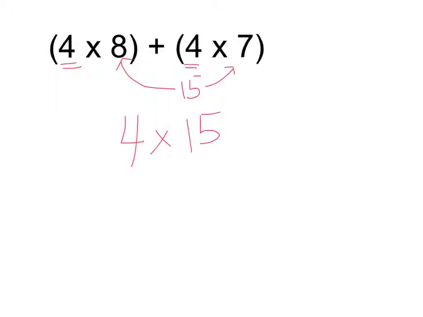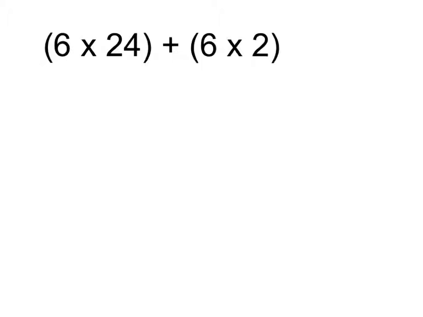Let's take a look at that again. Here we have 6 times 24 plus 6 times 2. We're doing the distributive property in reverse. So we're taking the number that we see twice, or that is multiplied in every parentheses, and putting it down here. We know that 6 is multiplied by some number.